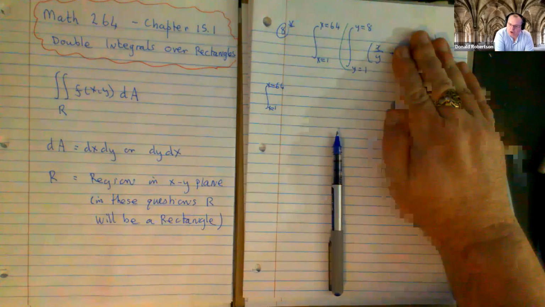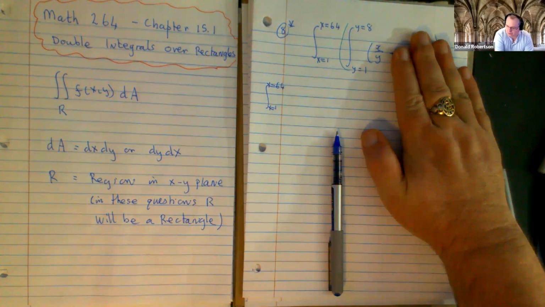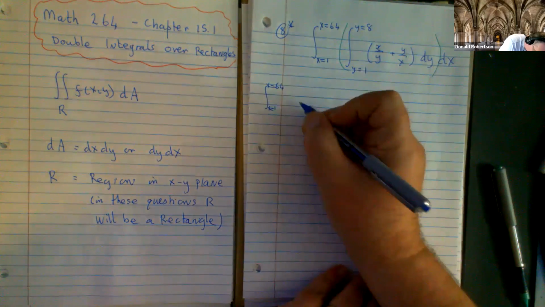Integrate x over y, right? What is the integral of x over y then? x ln y. I can't catch what you're saying, Maggie. It might be right, I just didn't hear it. Is it x times the log of y? It is. x times the natural log of y.